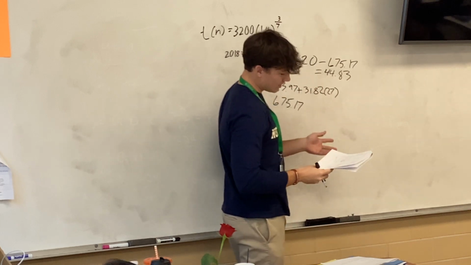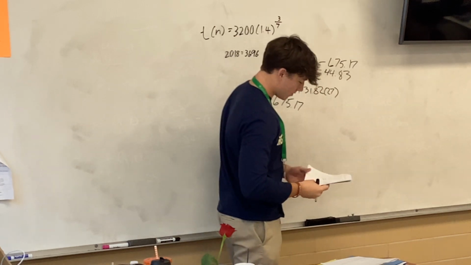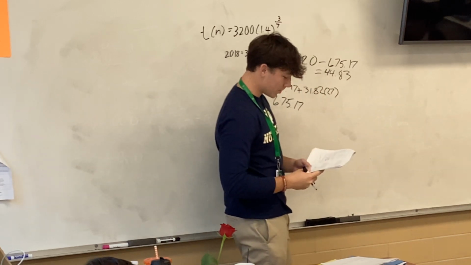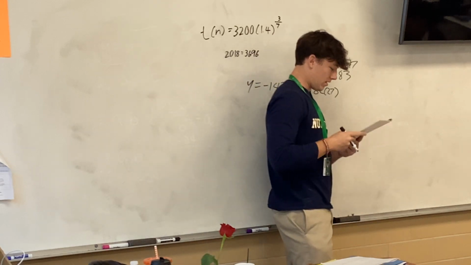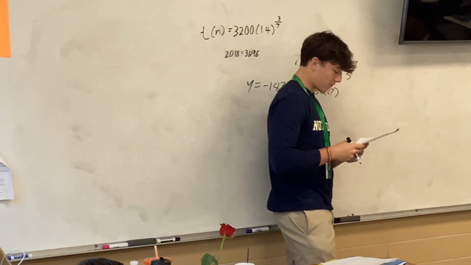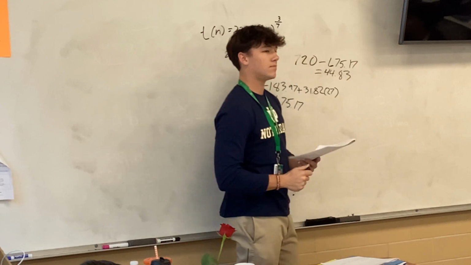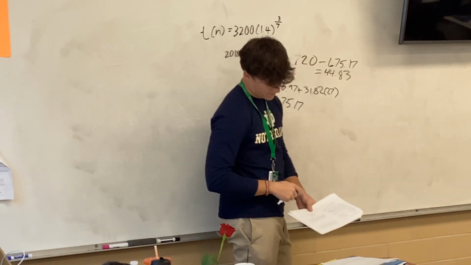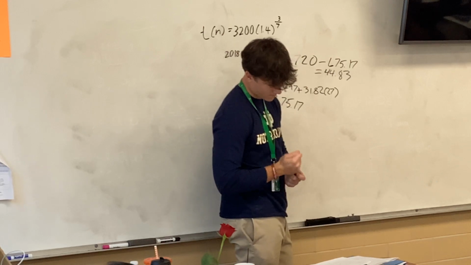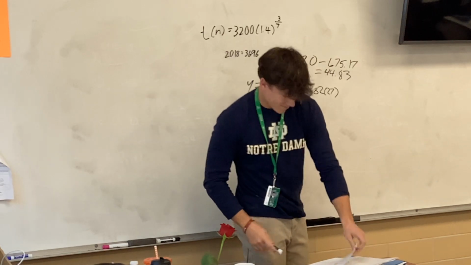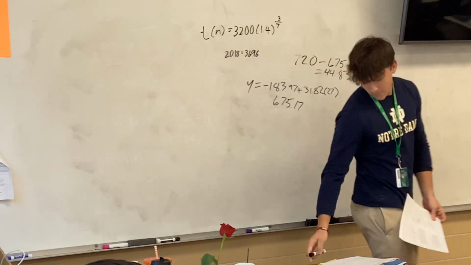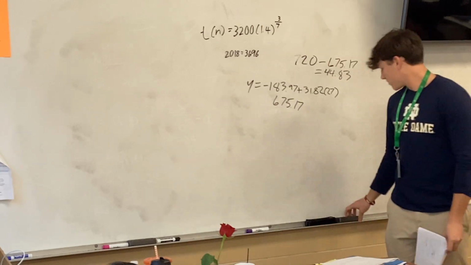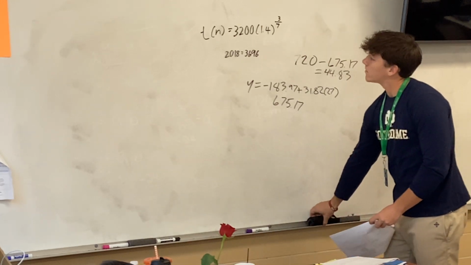And so, when you interpret that residual, the model under predicted, I think it's sales, by $44.83. Perfect. Anybody have a question about that? All right, group two, nice job. Okay. Group three, pick one from your group, I through L.